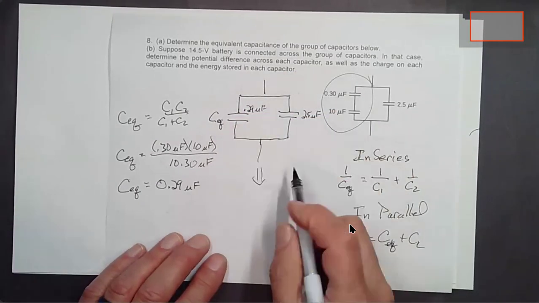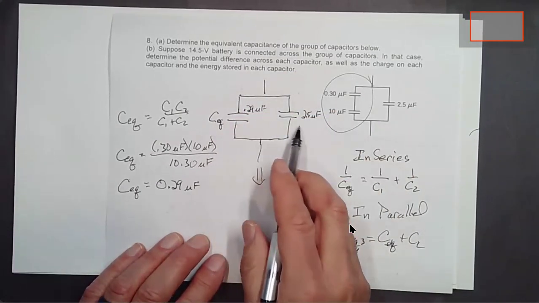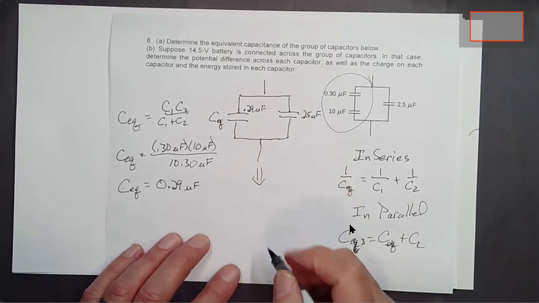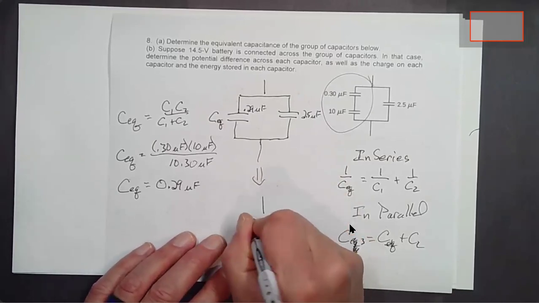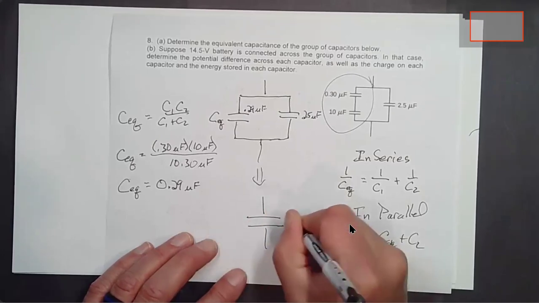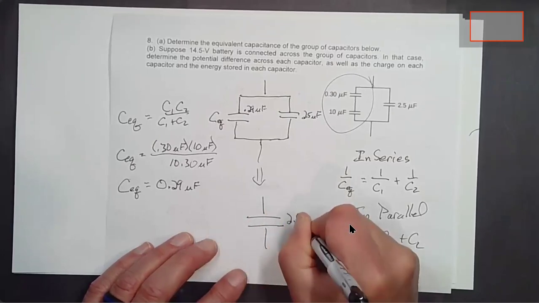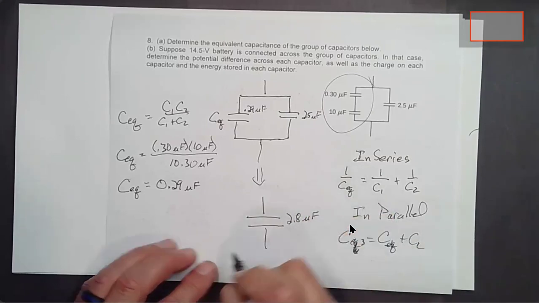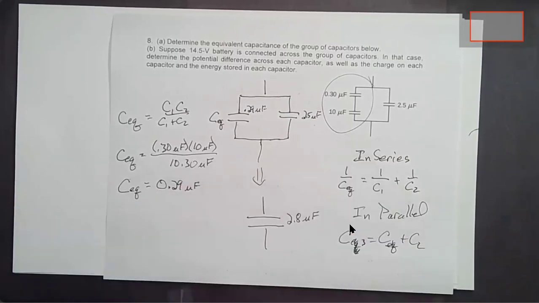I just add these two together, and that actually gives me 2.8 microfarads. So this could be my C3, 2.8 microfarads, just adding this to that.